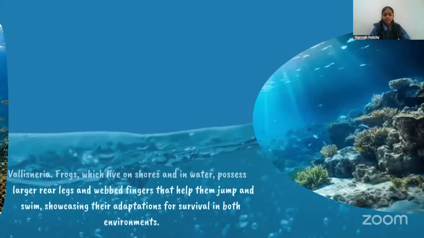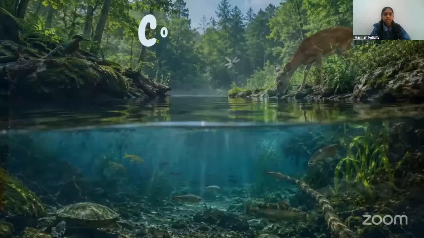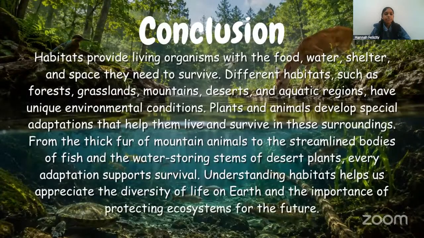After all of this, let's head on to the conclusion. Habitats provide living organisms with food, water, shelter, and space they need to survive. Different habitats such as forests, grasslands, mountains, deserts, and aquatic regions have unique environmental conditions.